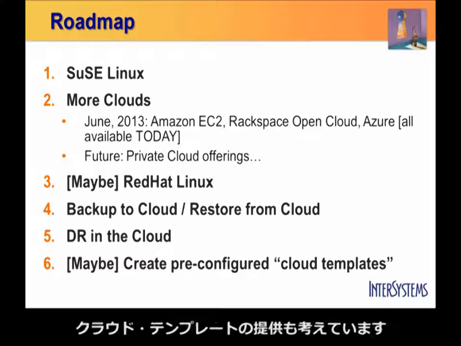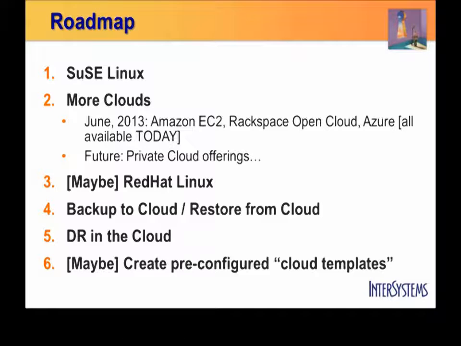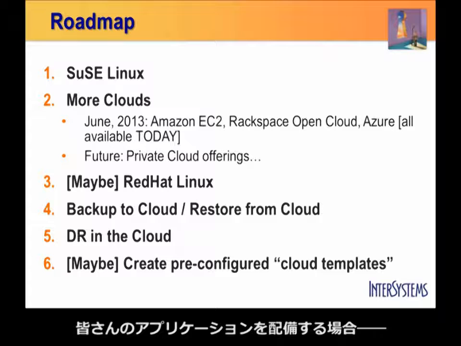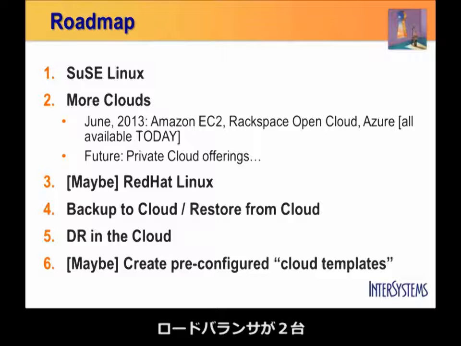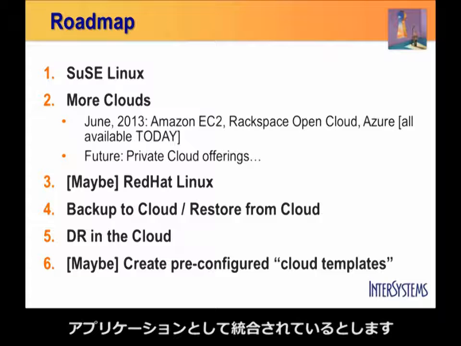So these are, again, recipes like cloud templates. For example, let's say that when you deploy your application at a customer site, the architecture looks something like this. Let's say you have 2 load balancers, 3 application servers, 2 web servers, and 1 database server, and that whole thing is orchestrated together as your application.